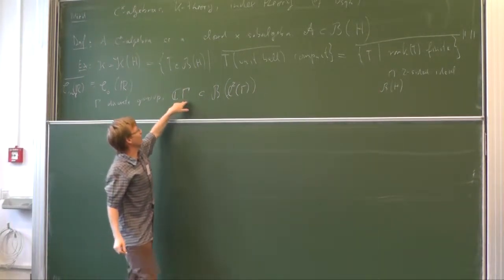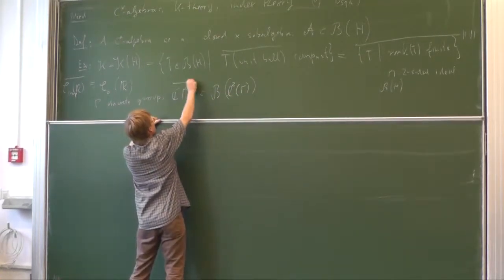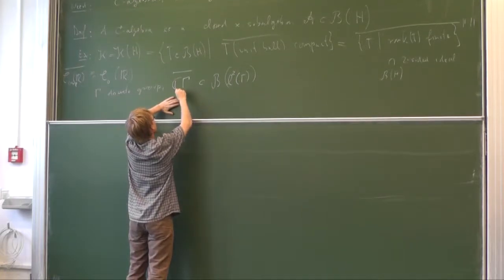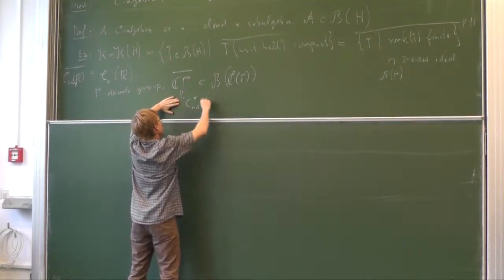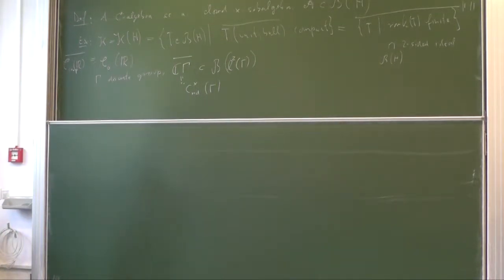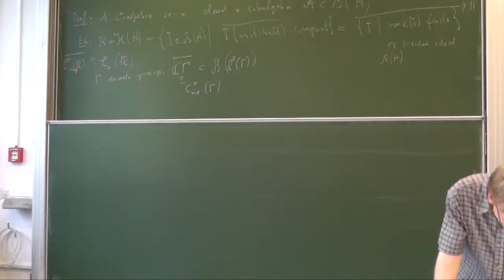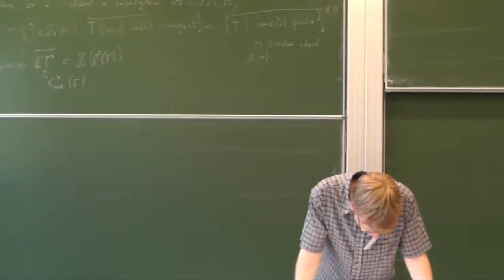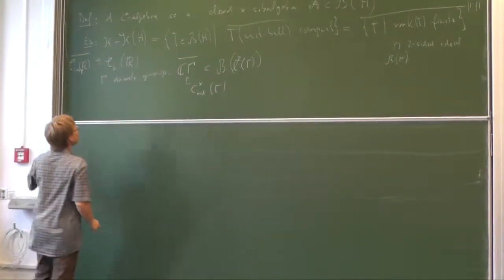A group element acts by shifting around the group elements, and close that up and define that to be the reduced C-star algebra of the group. Right, so you see they all come up as subalgebras of the bounded operators on a Hilbert space. The Hilbert space might depend on the situation. So, well, that's C-star algebras.